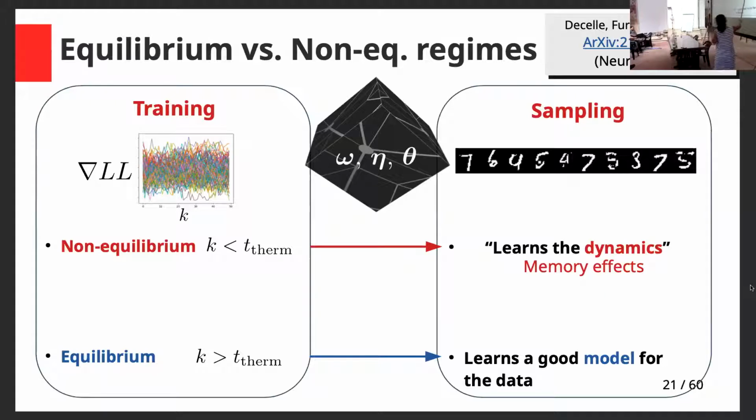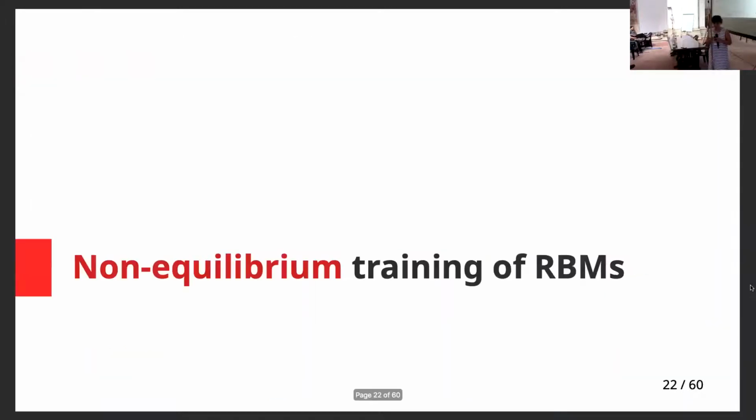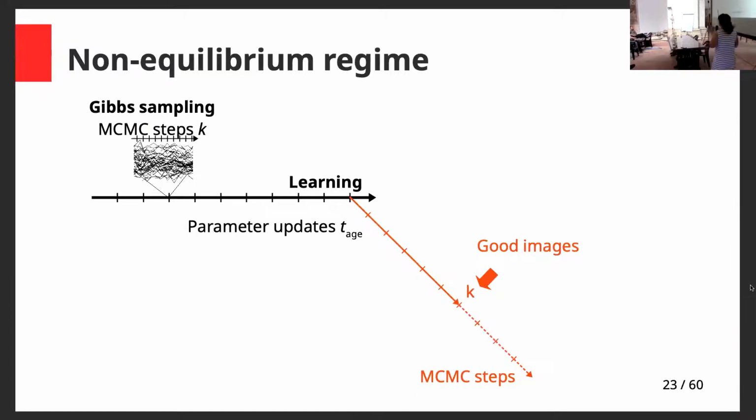Okay, let me explain a bit what we mean by learning the dynamics. We have our RBM that is going to be trained for many steps. This means changing the parameters. And for each step, we need to do a Monte Carlo simulation to obtain the gradient.